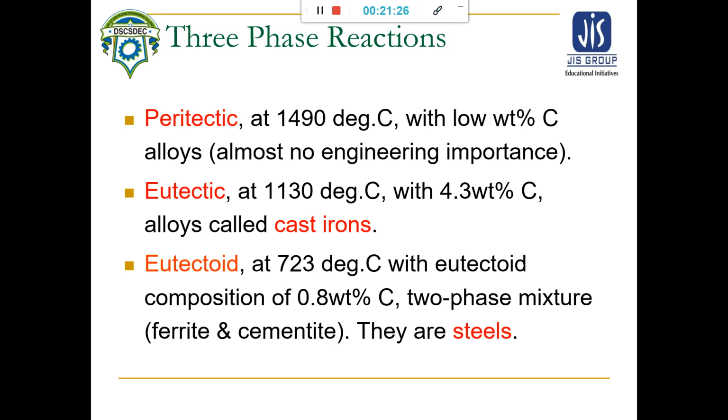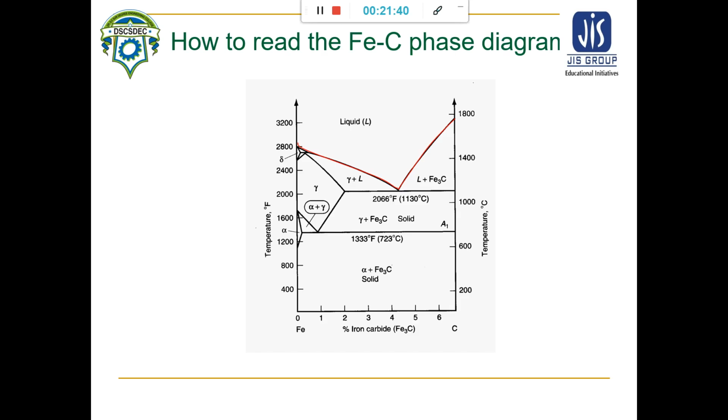And the eutectoid alloy is at 720 degrees Celsius with the eutectoid composition of 0.8 weight percentage of carbon, and it is a two-phase mixture. These are called steels.